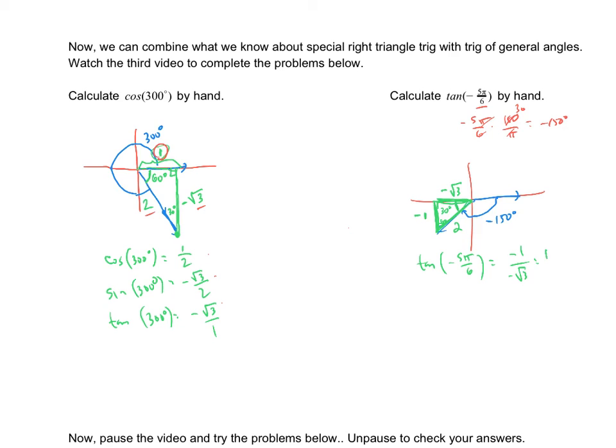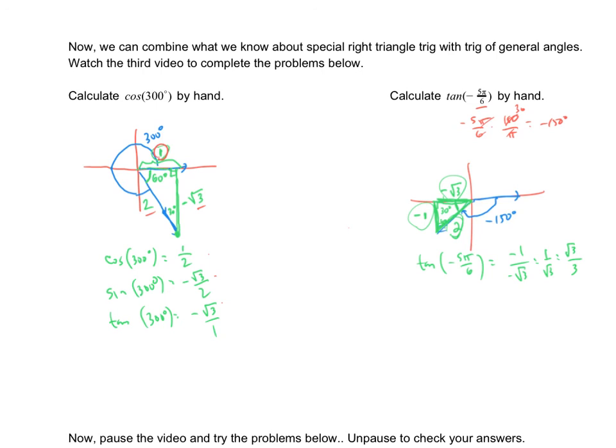So that would be 1 over root 3, which we don't tend to leave the radical in the bottom, so we'd multiply the top and bottom by the square root of 3. And that would be root 3 over 3. The sine of that angle, by the way, sine of negative 150, opposite over hypotenuse, so negative 1/2. The cosine, adjacent over hypotenuse, so negative root 3 over 2.